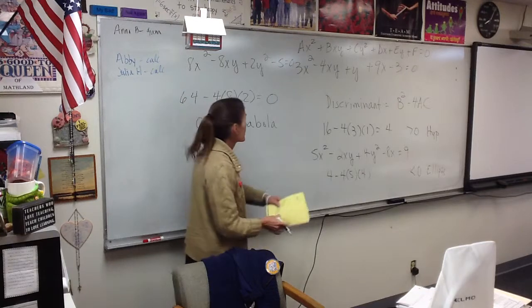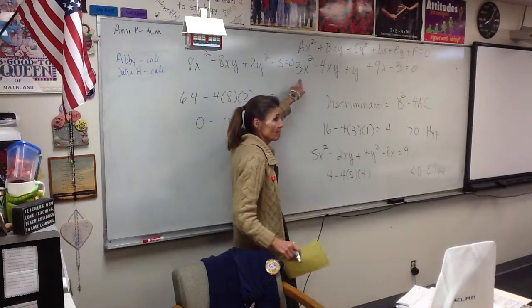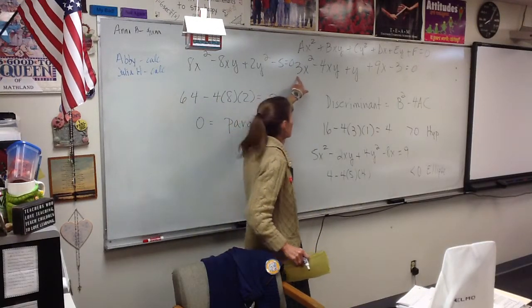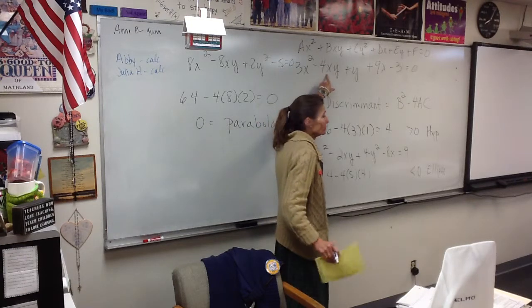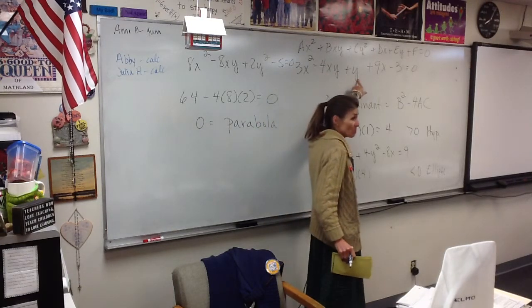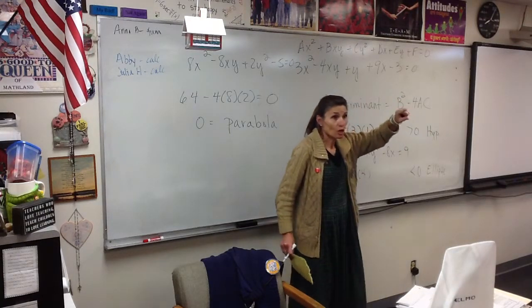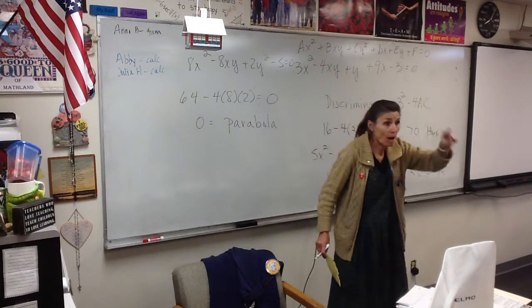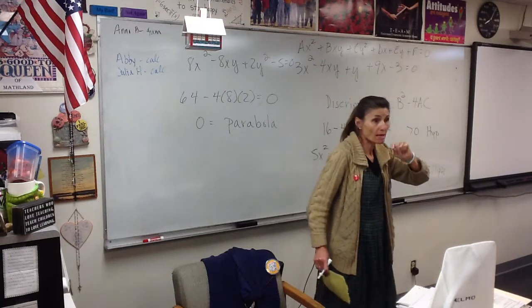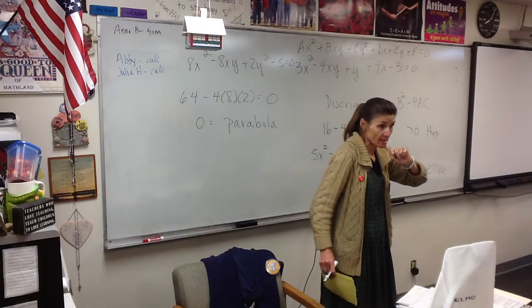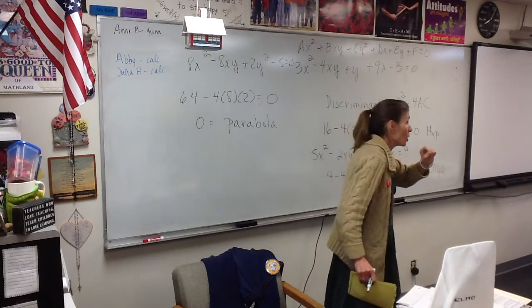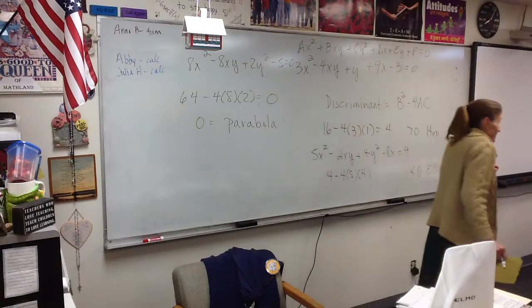What is A in this equation right here? What's A? 3. What's B? Negative 4. What's C? 0. What is C? The coefficient on y squared. If there's no y squared, then C is 0. Similarly, if there's no x squared, A is 0.